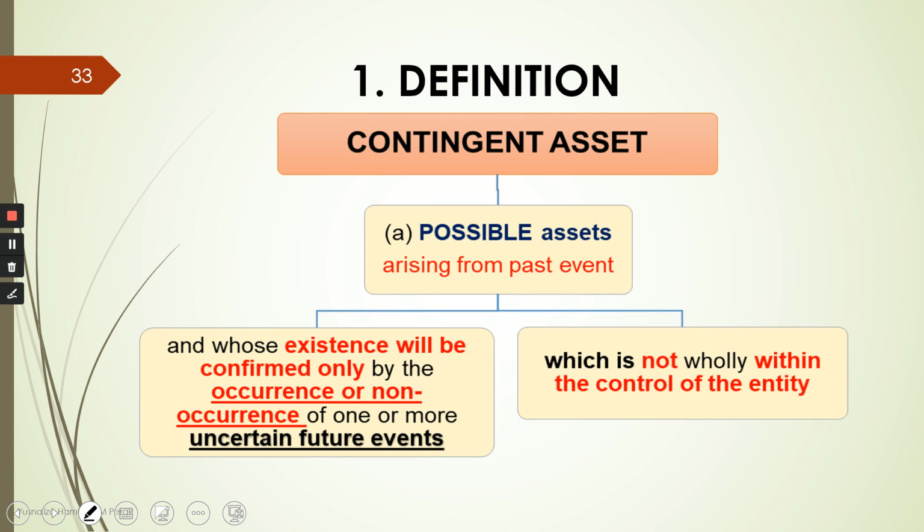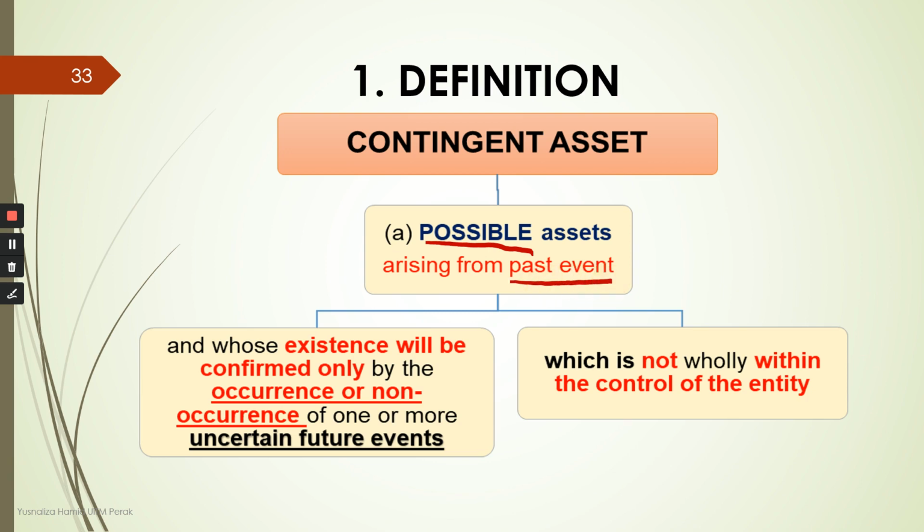When we talk about asset, it's about having some kind of inflow of economic benefits. But when we talk about contingent asset, that one is on having a possible asset, possible inflow of economic benefits, which arise from a past event.